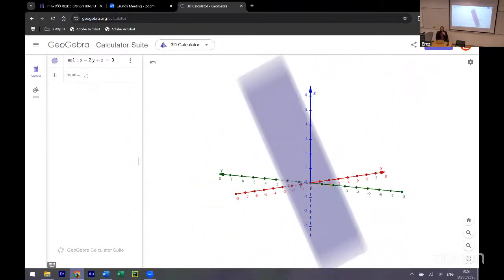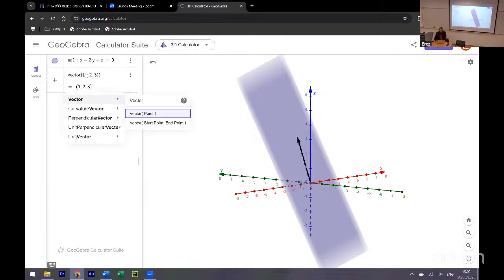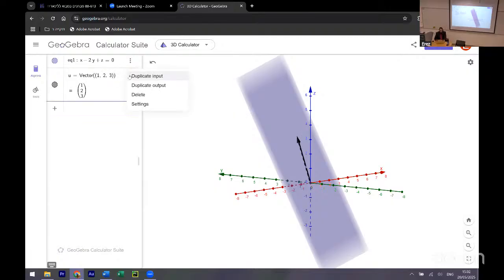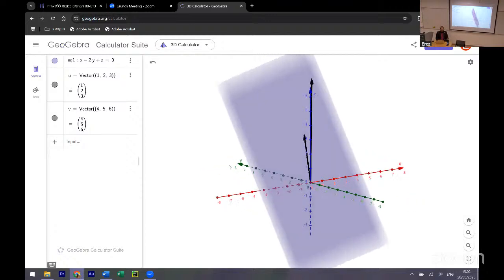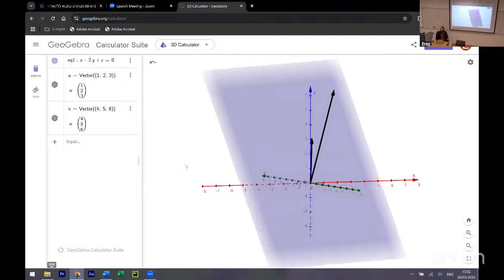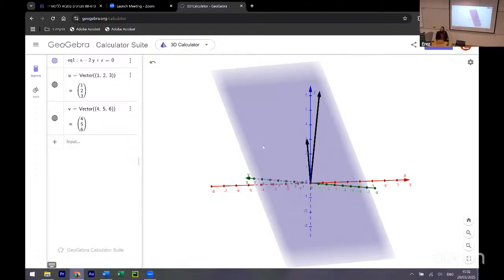And if I draw the two vectors which we started with, vector 1, 2, 3 and vector 4, 5, 6, we do see these two vectors lie on that plane, and we actually solved something doing all of that.